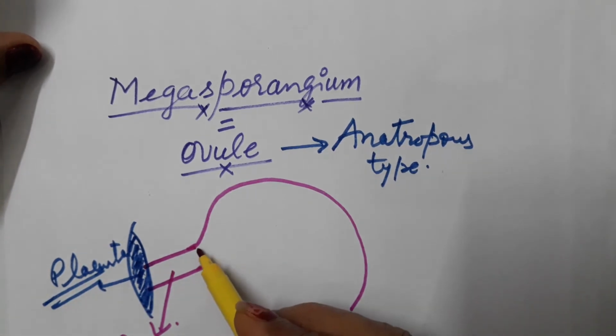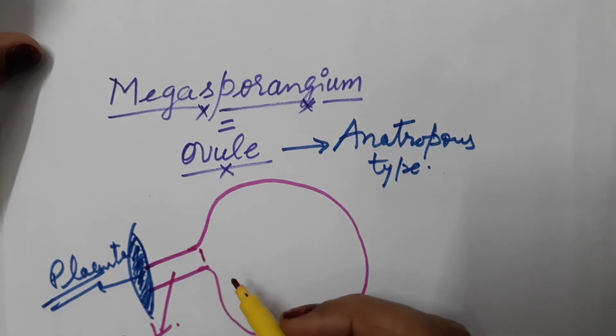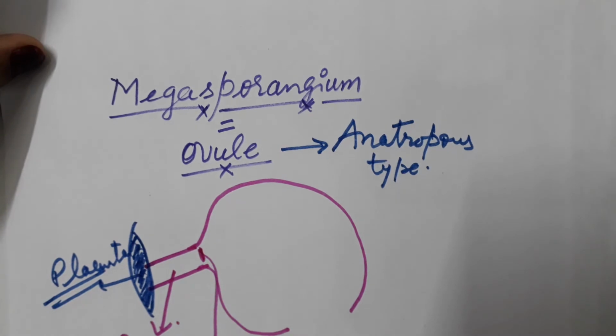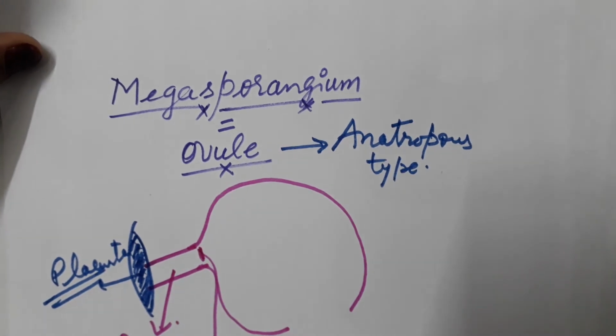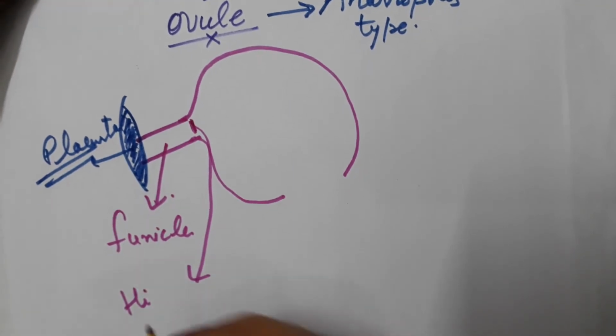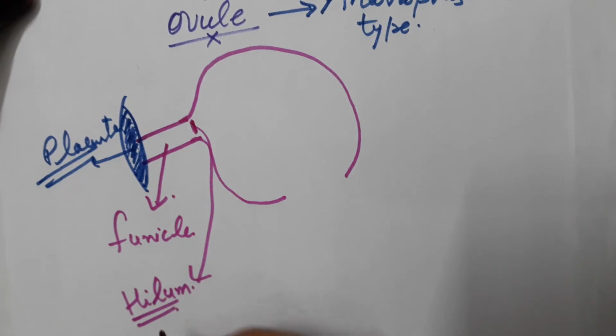The stalk remains attached with the main body of the ovule. That part is known as the hilum. Hilum is that part which connects the funicle with the main body of the ovule.